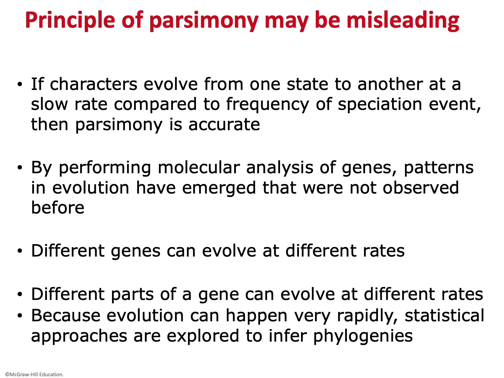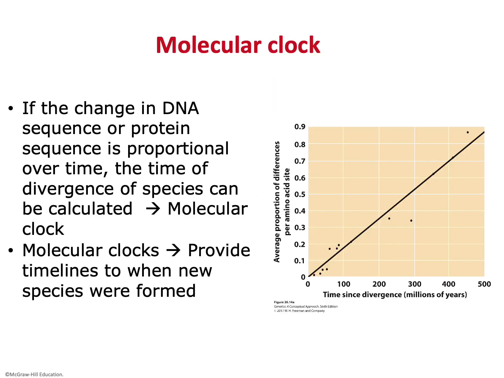Because evolution can happen very rapidly, statistical approaches are necessary to infer phylogenetics because parsimony may not be accurate in that case. Therefore, we can use other evolutionary methods that rely on statistics to understand phylogenetic relationships. These are like maximum likelihood trees that utilize statistical analysis to understand the evolutionary relationship.